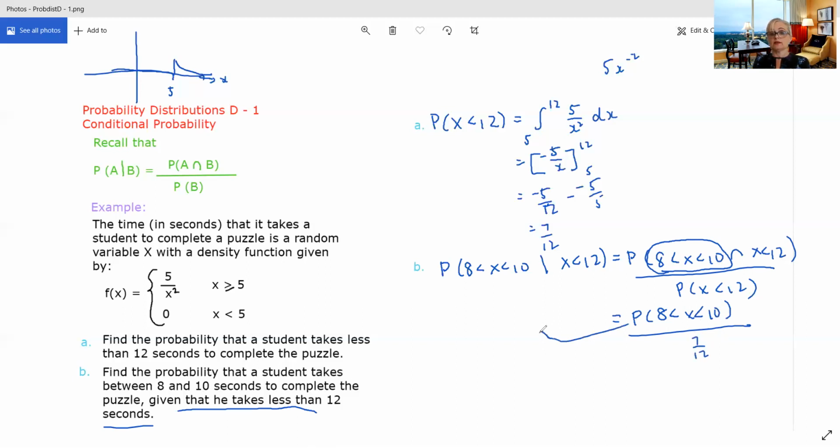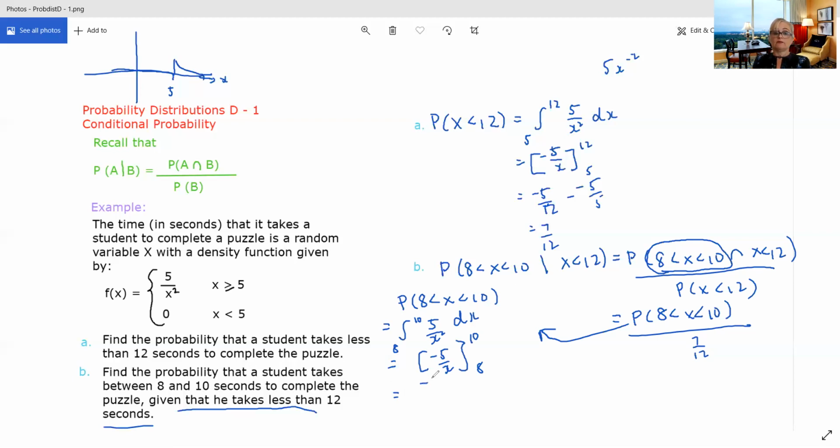Let's work this one out. So probability that x is between 8 and 10. Well, it's just like what we did there, but from 10 down to 8. So we've got 8 to 10 of our 5 on x squared, which is obviously negative 5 on x, 10 to 8.